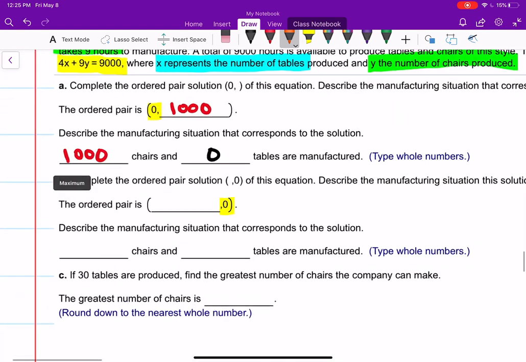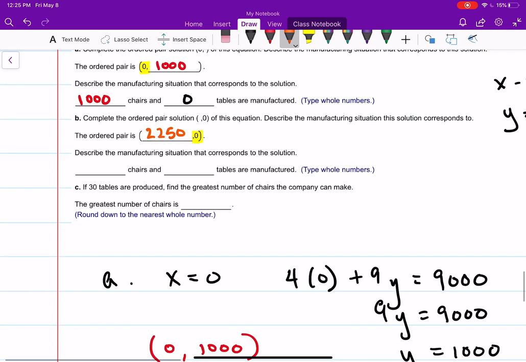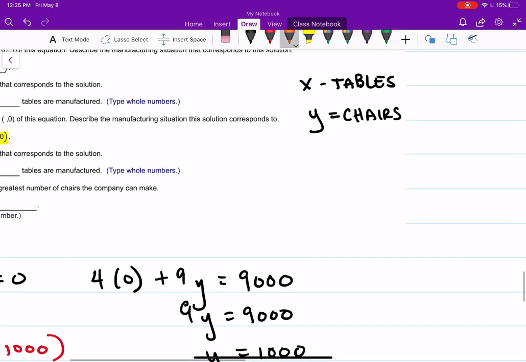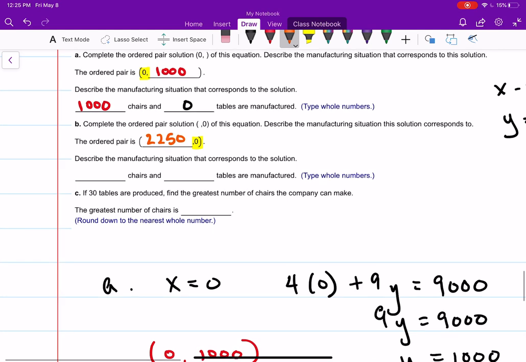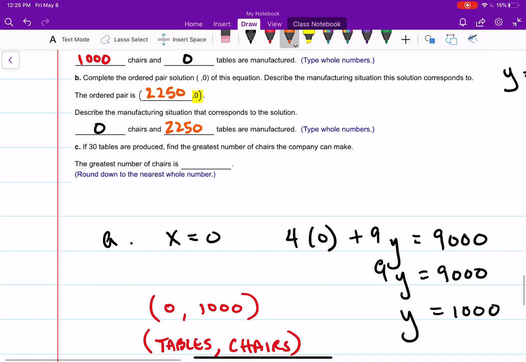Now it says describe the situation. Again, chairs are y, so my chairs is 0, and how many tables? 2,250. Next: if 30 tables are produced, find the greatest number of chairs.